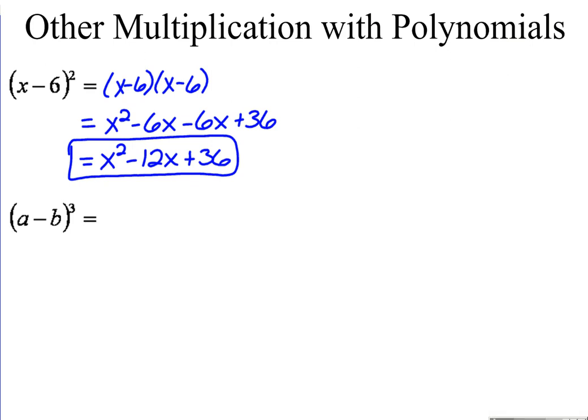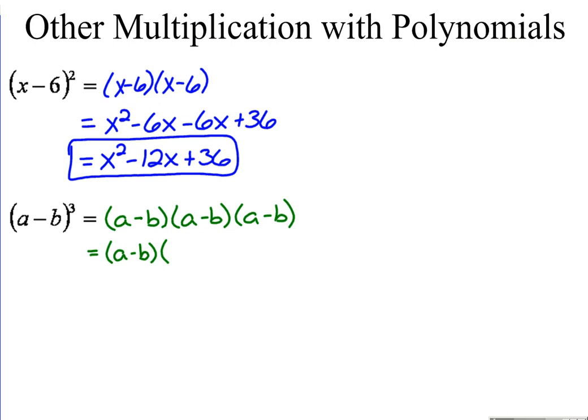A binomial cubed. A minus B times A minus B times A minus B. When you go to multiply this out, you need to pick two of the binomials, foil them together, and leave the third one alone. So I'm going to leave this A minus B alone out front here, and I'm going to foil these two together.